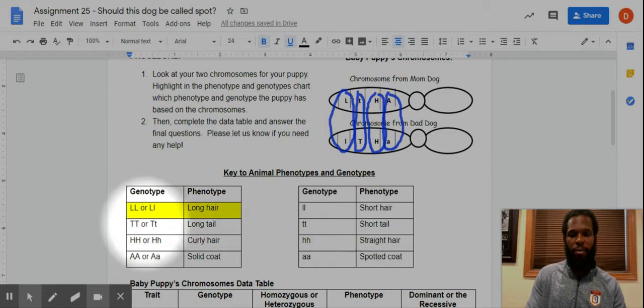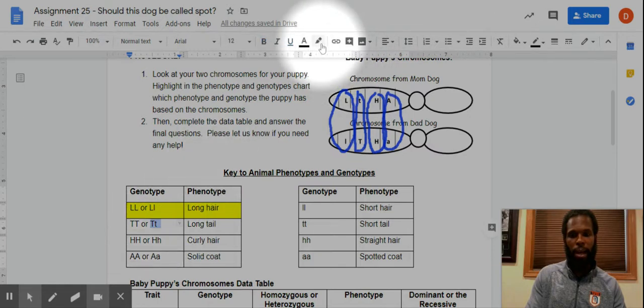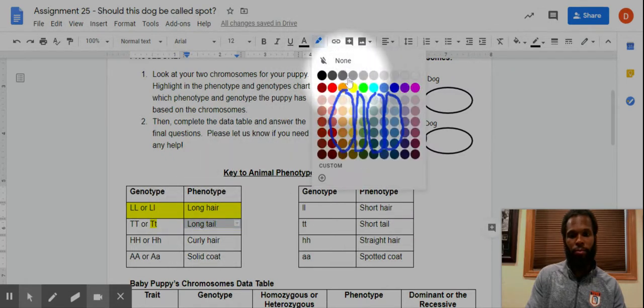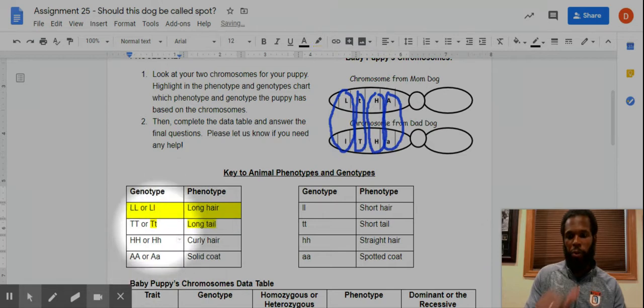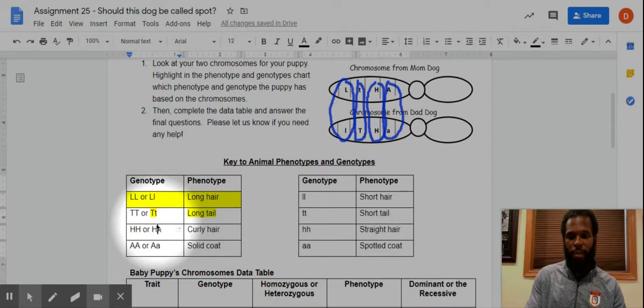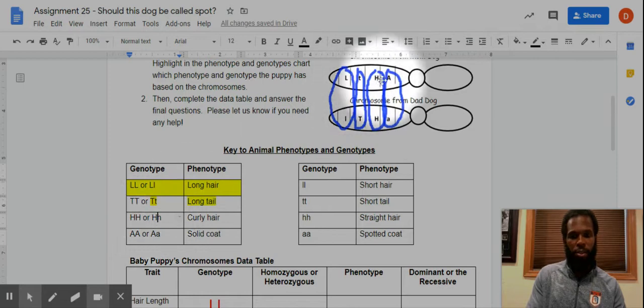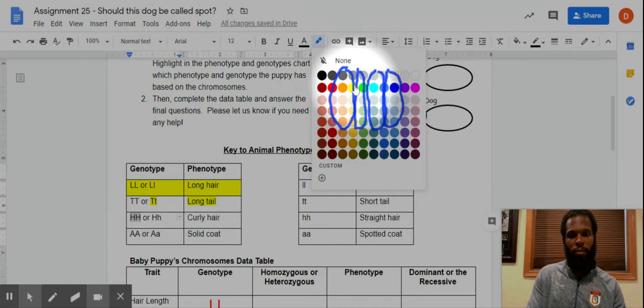Next we have TT. So looking for the T's, we have a little t and we have a big T. So over here we have, there it is, little t, big T. I'm going to highlight that. And it's going to be for long tail. Notice how we wrote the little t first. That is different, not the same. Next one is H's. We have big H, little h. So we have big H for that code.